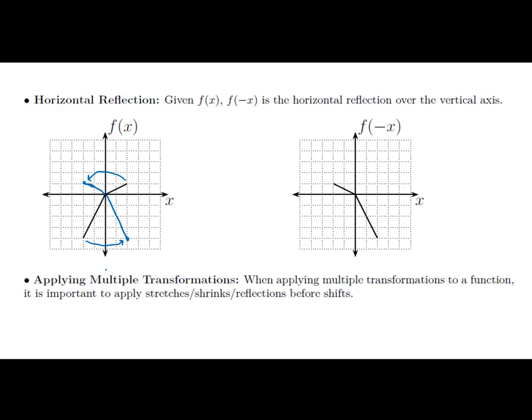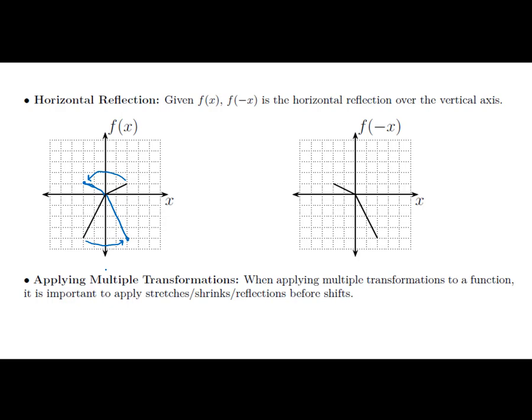Now lastly, what we typically see is lots of transformations applied to a graph all at once. The basic rule of thumb is when you're applying multiple transformations, maybe shifts, stretches, shrinks, all those things, you just need to make sure that stretches, shrinks, and reflections are applied before shifts are.